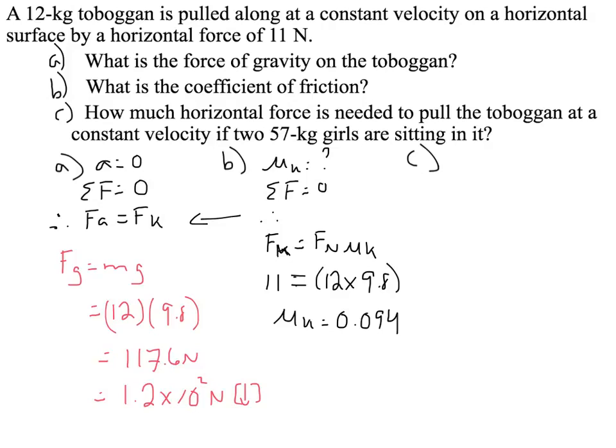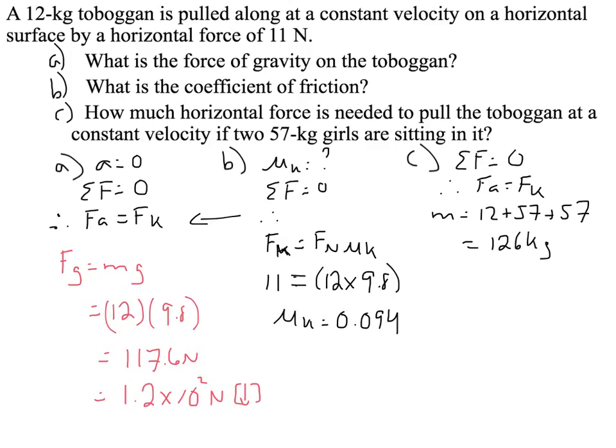C says, how much horizontal force is needed to pull the toboggan at a constant velocity if two 57 kilogram girls are sitting on it? Okay, well again, constant velocity, therefore the sum of the forces equals 0. And then once again, force applied must equal force of kinetic friction. We know the mass is going to be the mass of the toboggan plus the mass of two 57 kilogram girls. Therefore, we have a mass of 126 kilograms. Fk equals Fn times mu k.